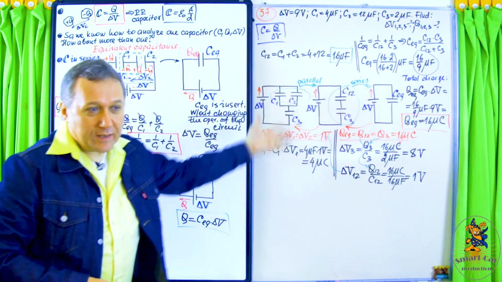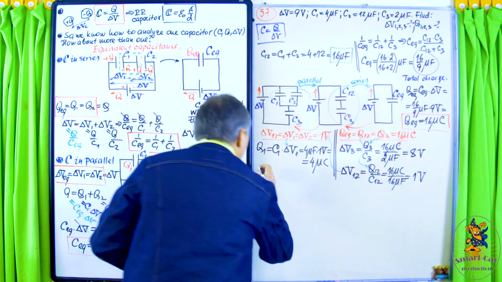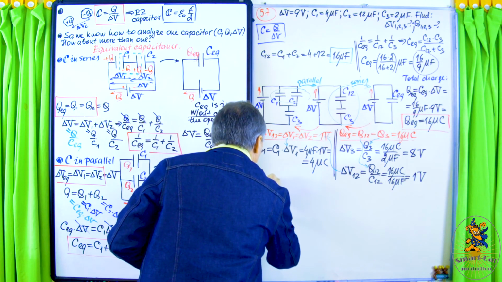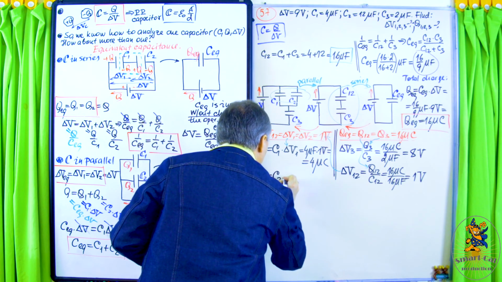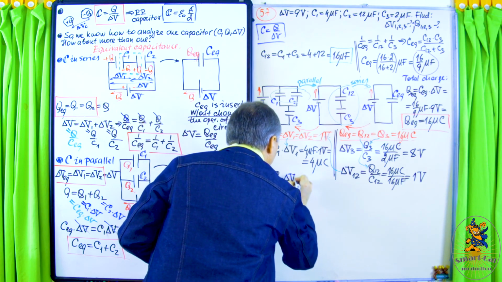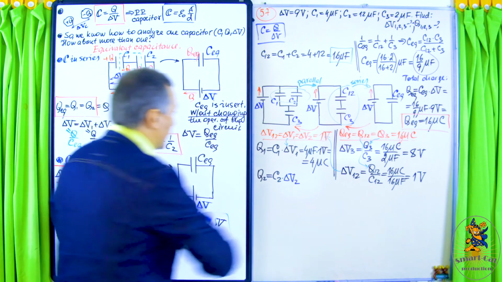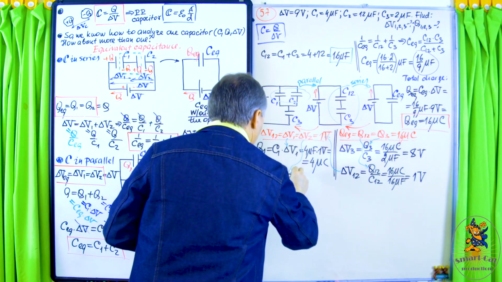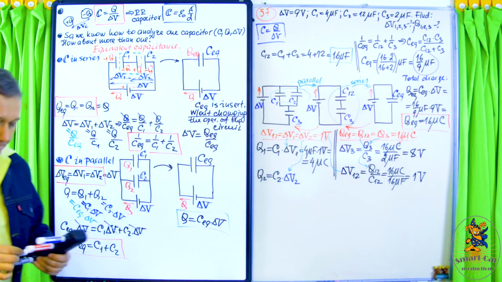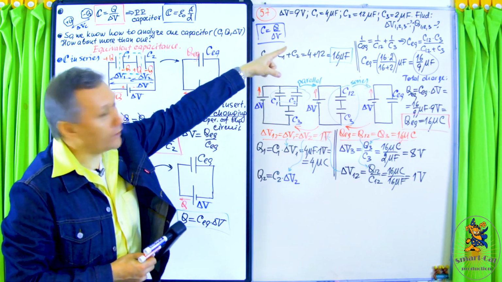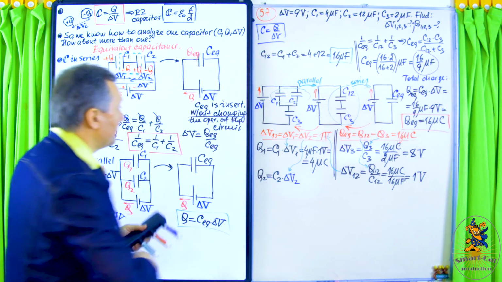Now the second one in exactly the same way. Q2 equals C2 times delta V2. And again, delta V2 comes from this bridge. C2 originally given 12 microfarads.